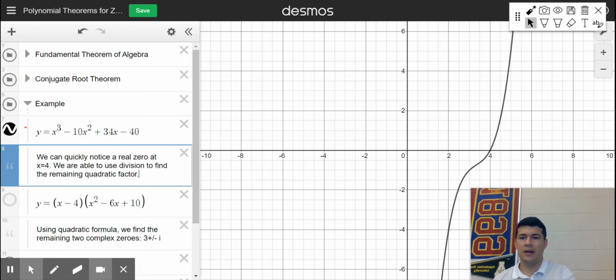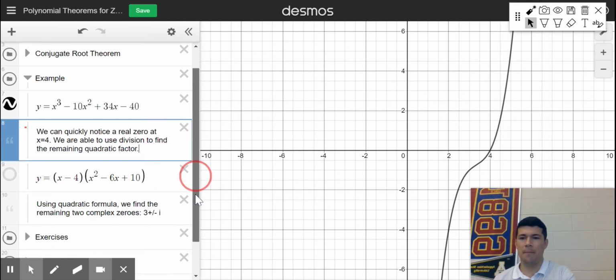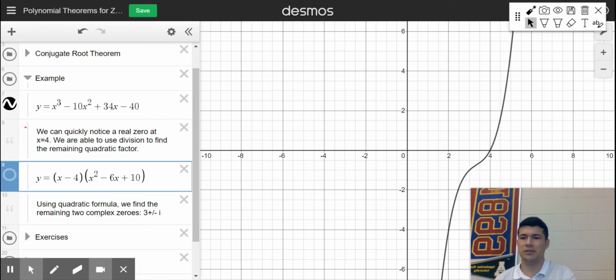Follow this up by factoring. I can determine that x minus 4 is a factor. I'm not going to go over the method of choice, but you need to find the quadratic factor. You can do this through long division, synthetic division, the box. Either way, I've determined that this is the factored form, and it is correct because my graphs are equivalent.